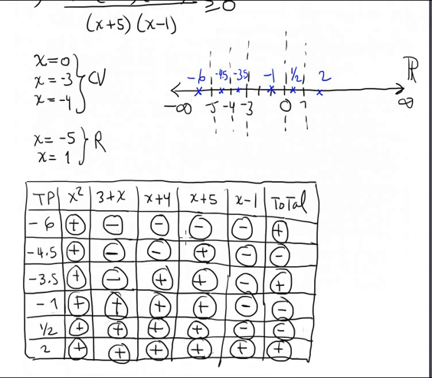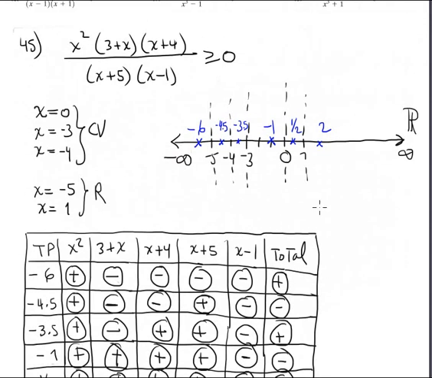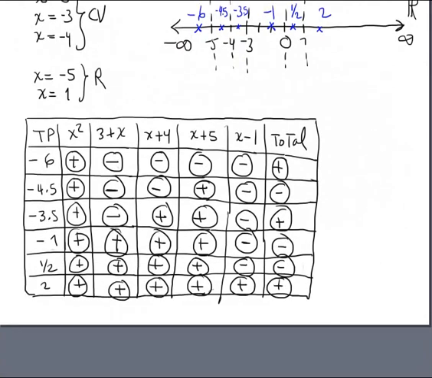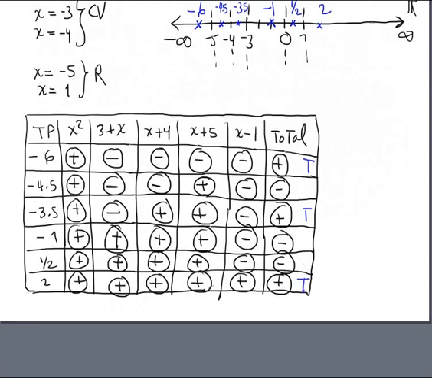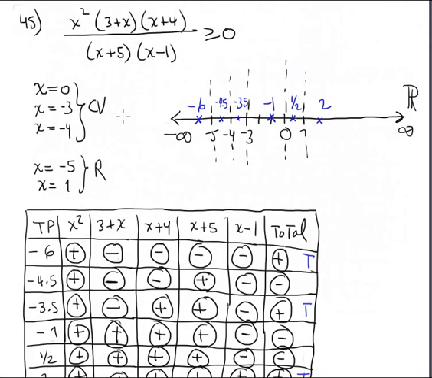Now let's see what part is true and what part is false. Remember, the true part is greater than 0, so positive. Here this part is true, this part is true, and this part is true. The rest no. Okay, let me use another color.